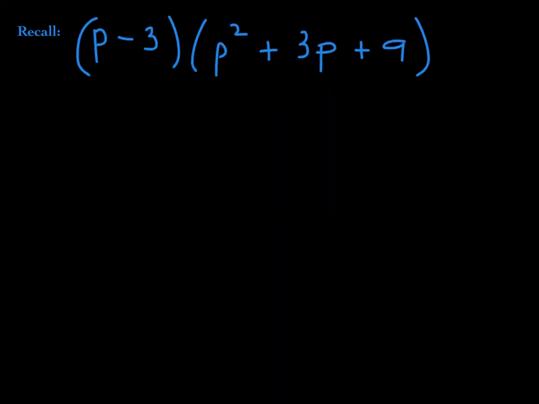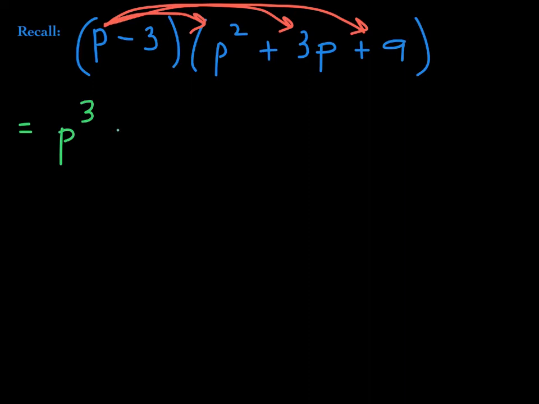All right, one more time, I want you to consider multiplying these two factors, okay? Again, notice that it's a binomial followed by a trinomial, right? Okay, so let's distribute. P times p squared is p cubed. P times 3p is 3p squared. And p times 9 is 9p.